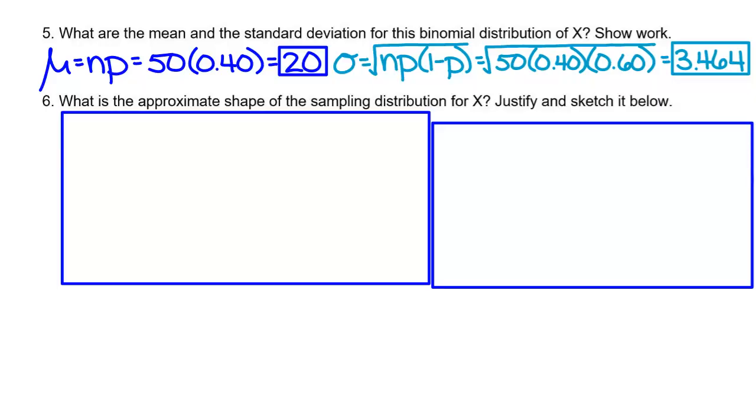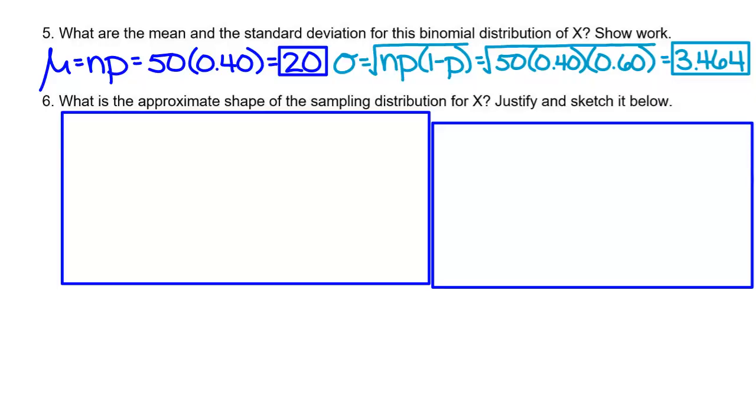So we said that this was distributed as a binomial random variable. What is the approximate shape of this distribution? It's approximately normal.